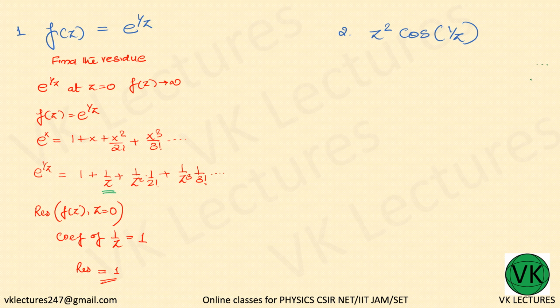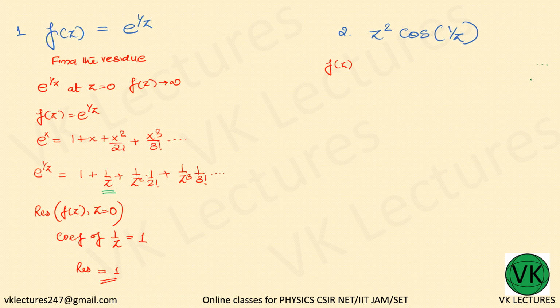Similarly, we have question number 2 here, which is f of z equal to z square into cos 1 by z. Again, at z equal to 0, cos of infinity is not defined, so the function is not defined at that particular z equal to 0. So let's write down what f of z is once again.